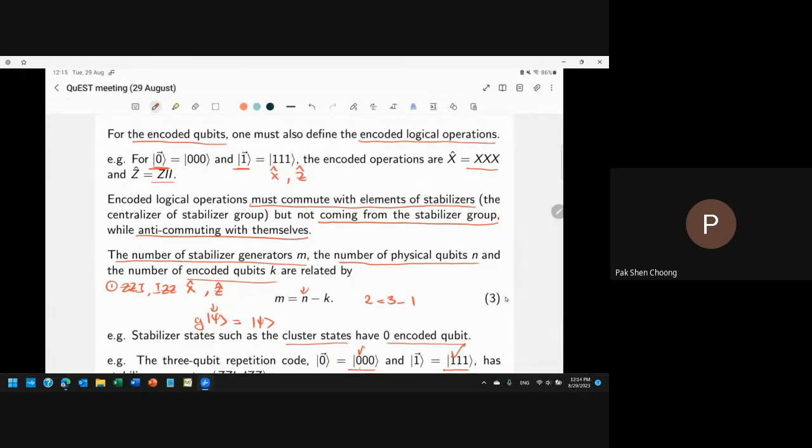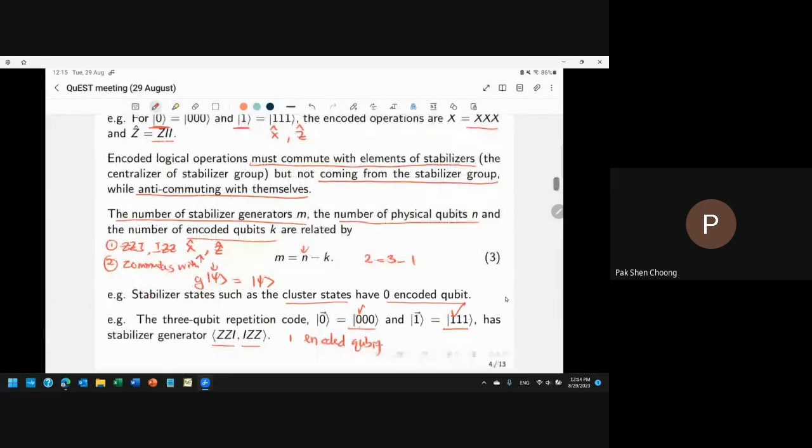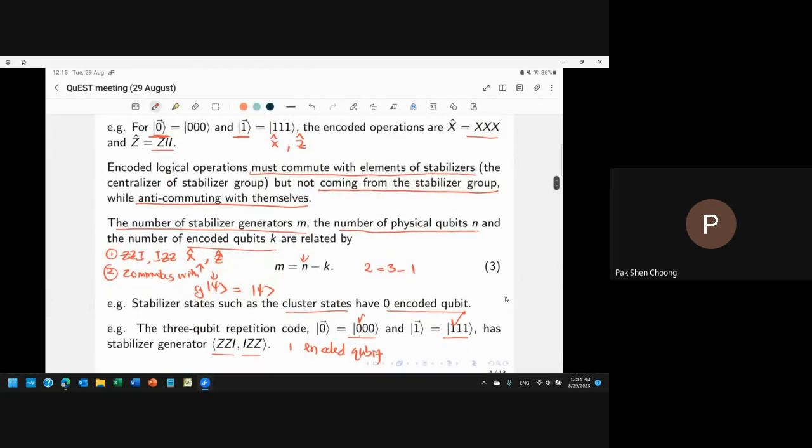No matter how you try, you cannot generate Z hat and X hat from these two generators. The second thing is that the generators commute with your Z hat and your X hat. Basically, you can test it by yourself.